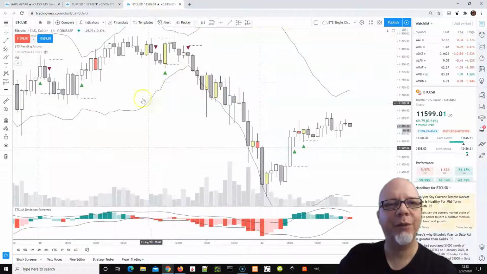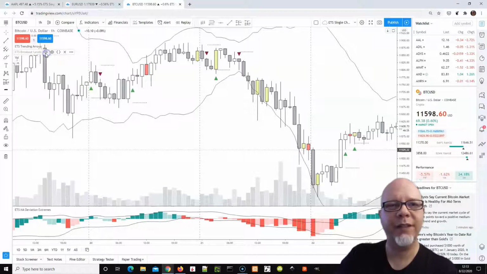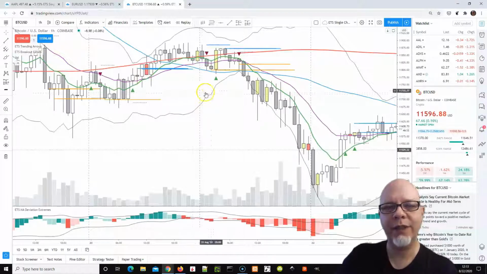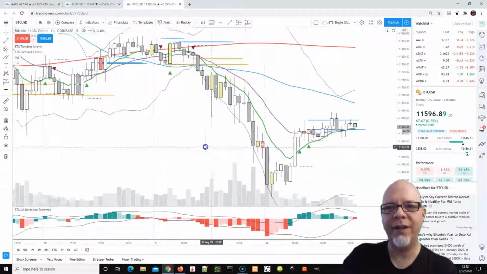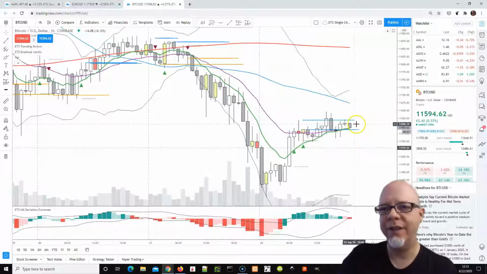And the same thing with Bitcoin. So here we have trending arrows, but if I turn on the breakout levels here, you'll see how they support each other. And once again, we have breakout levels going down over here. Over here right now at the moment, it's actually live.